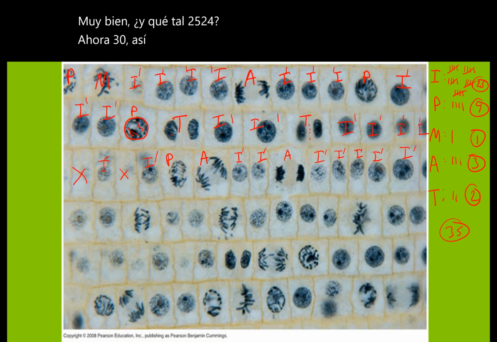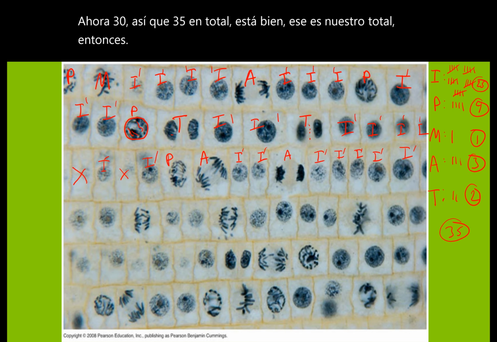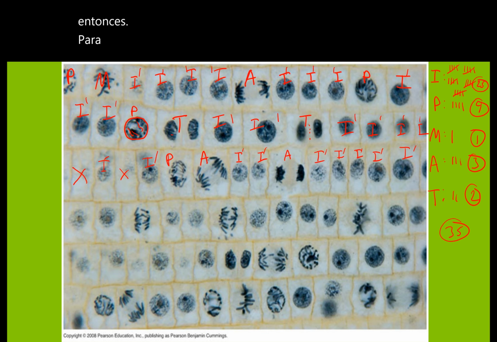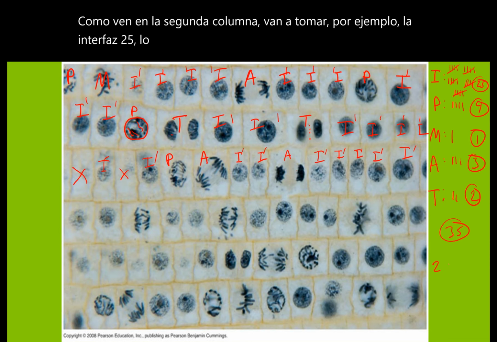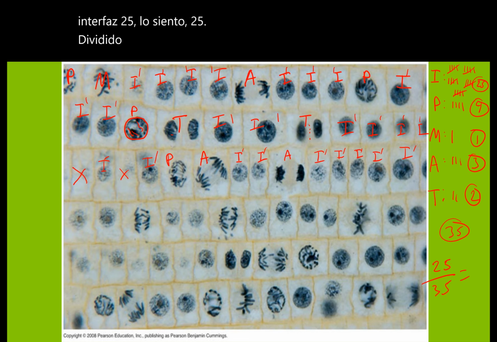Okay, that's our total. So to get the percentages, like you see in that second column over, you're just going to take, for example, interphase 25 divided by 35. Got a calculator?